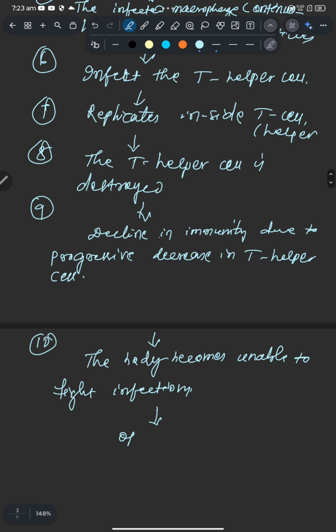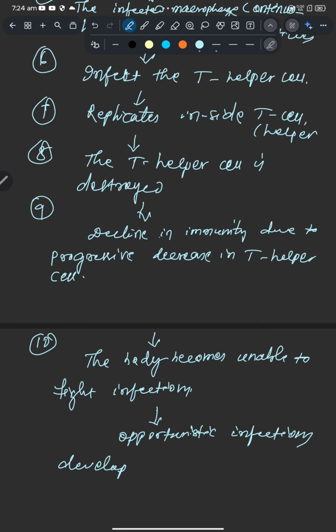The opportunistic infections, I have told you, like tuberculosis, cough, cold, these are all opportunistic infections. Opportunistic infections develop. So this is the complete life cycle of HIV. Now I will show you with the help of a diagram.